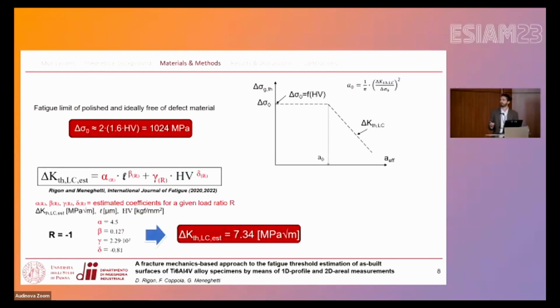The material properties of our material were estimated by using empirical equations described and proposed in these two papers.